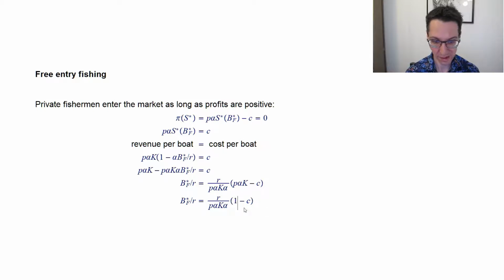So let's divide by P alpha K here, so we get just 1, and here we get C divided by P alpha K. And here what's left is R over alpha. Yeah, let's have a big parenthesis for that. So this is our expression. Oops, and then there's no R here.